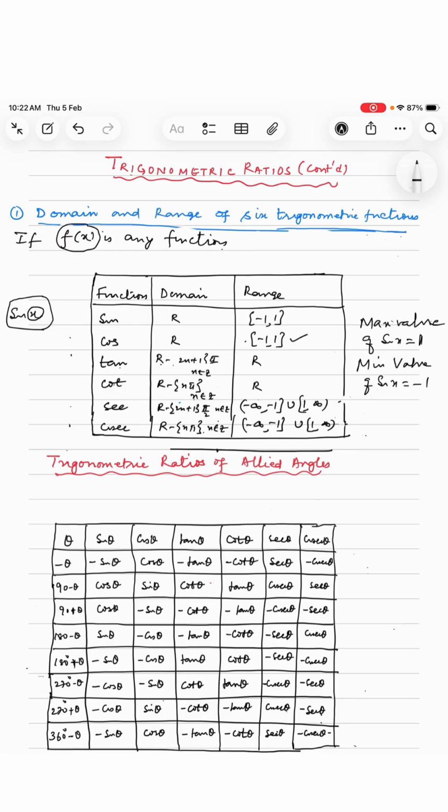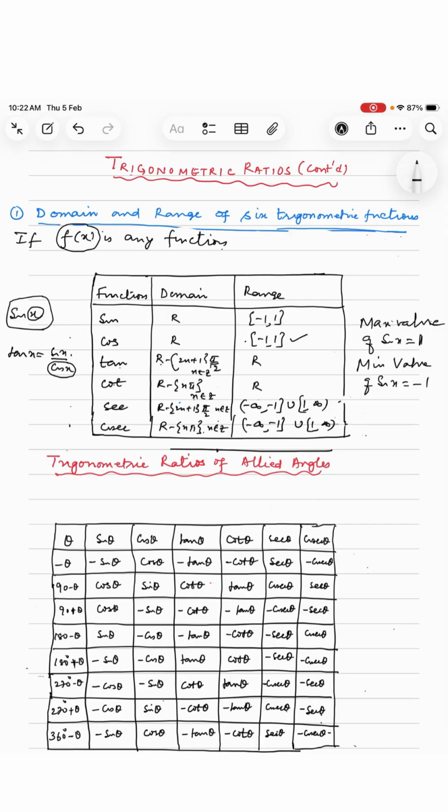Okay. Range of tan is R, domain is R minus (2n plus 1) into pi by 2, where n belongs to Z. So, actually tan x means sin x by cos x. So remember, cos x cannot take odd multiples of 90, because if cos x takes odd multiples of 90, the denominator becomes 0, because cos 90, cos 270, and so on, are 0.